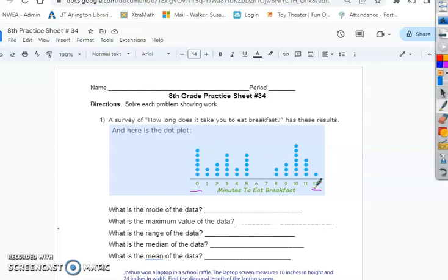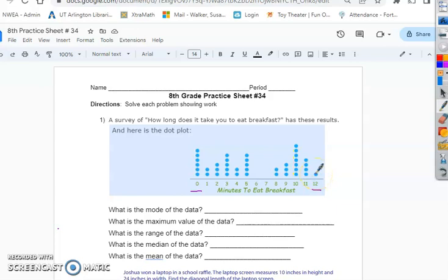Median is a little trickier. Median would be like 1, 2, 3, 4, 5, 6, 7, 8, 9, 10, 11, 12, 13, 14, 15, 16, 17, 18, 19, 20, 21, 22, 23, 24, 25, 26, 27, 28, 29, 30, 31, 32, 33, 34, 35, 36, 37, 38, 39, 40.